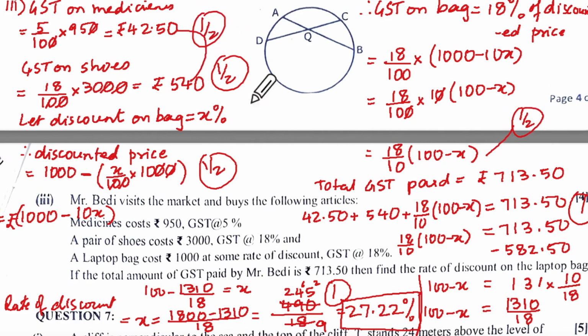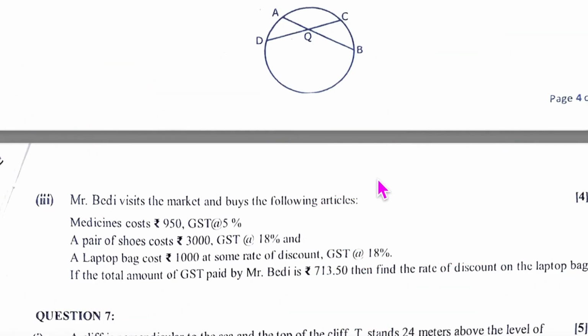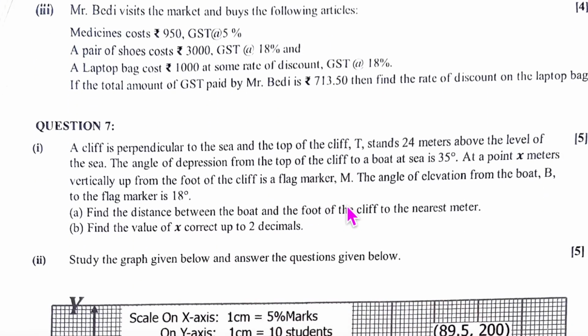So these two together 1 mark. Then getting the equation is 1 mark, and solving and getting the correct answer is 1 mark. Understanding how the marking scheme would be, you can calculate your own marks now.